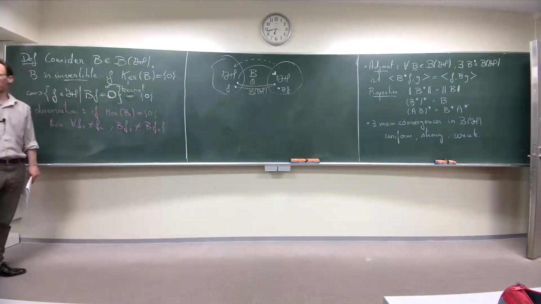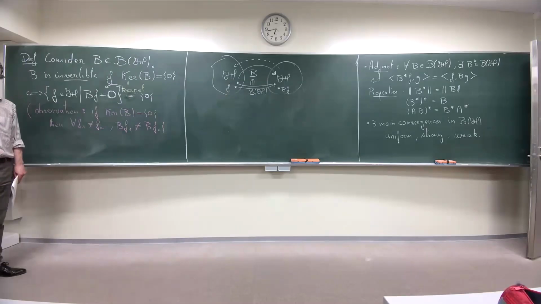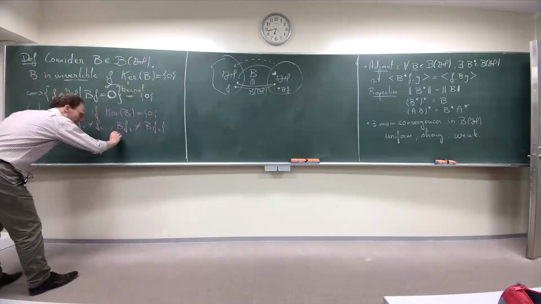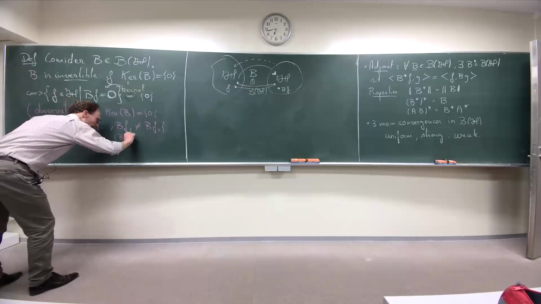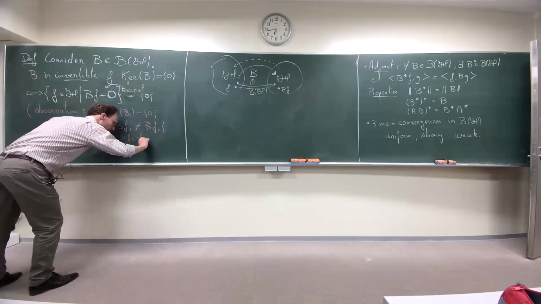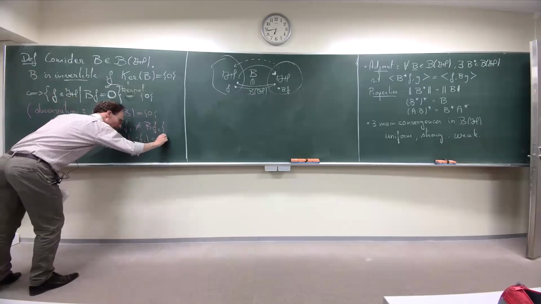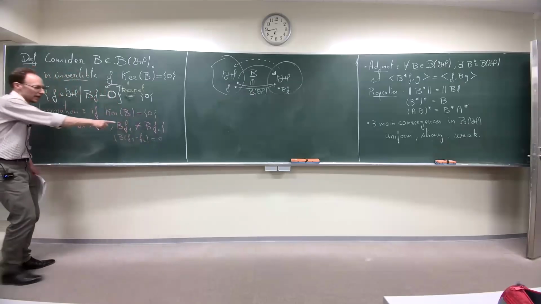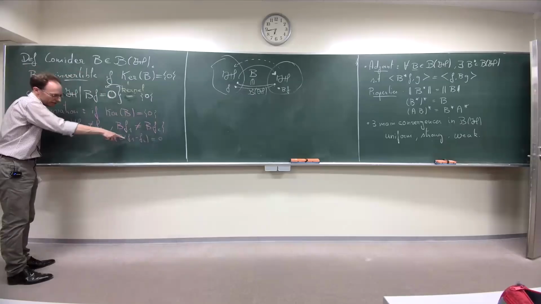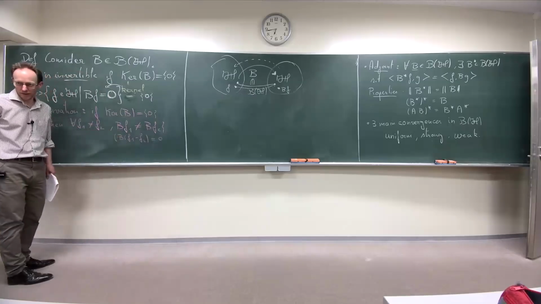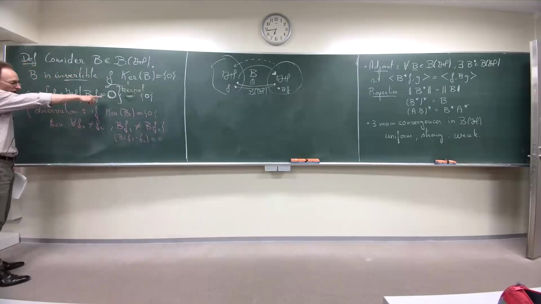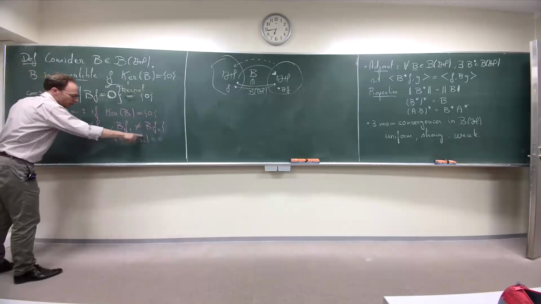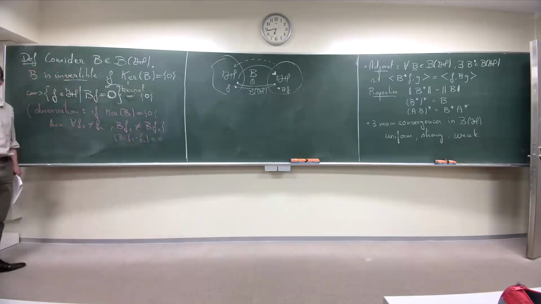Can you see why? Check. Otherwise, indeed, B of (F1 minus F2) would be equal to 0. So it's a proof by contradiction. If they were the same, it means that B of (F1 minus F2) would be 0. But if the kernel is 0, it means F1 is equal to F2, which is a contradiction.